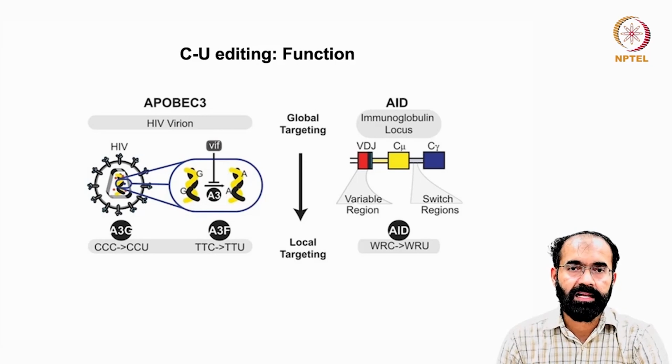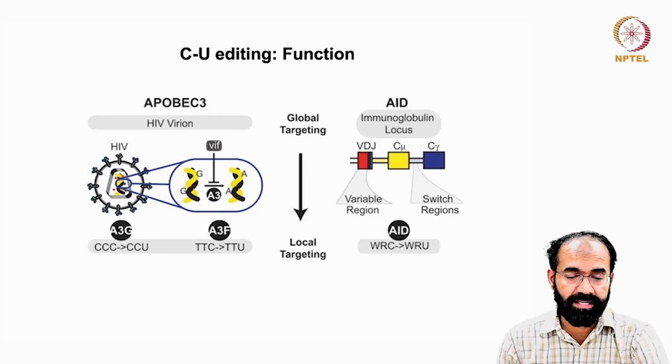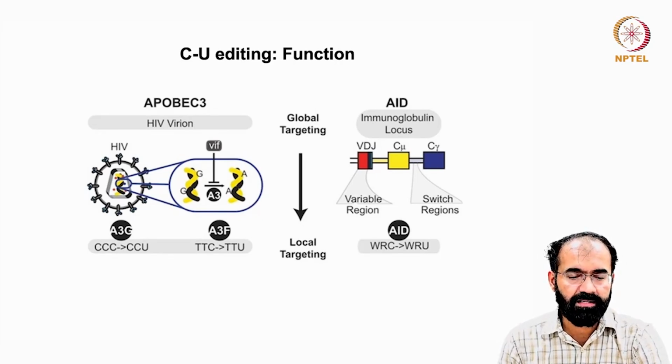Once it enters the cell, we call it the HIV virion, because the HIV virion is the one capable of coming out of the cell as a fully infective particle. So it can stay in a dormant state also. This is a typical HIV particle where it has its own genome and also an envelope, etc.